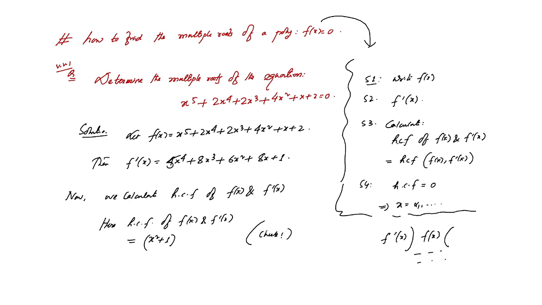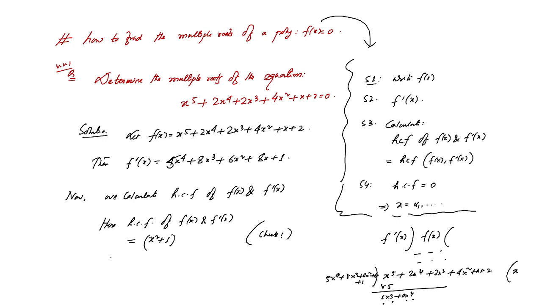In which way you have x to the power 5 plus 2x to the power 4 plus 2x cube plus 4x square plus x plus 2, and you will divide by 5x to the power 4 plus 8x cube plus 6x square plus 8x plus 1. Multiply it by 5, so 5x to the power 5, 10x to the power 4, and so on. So in that we will continue.